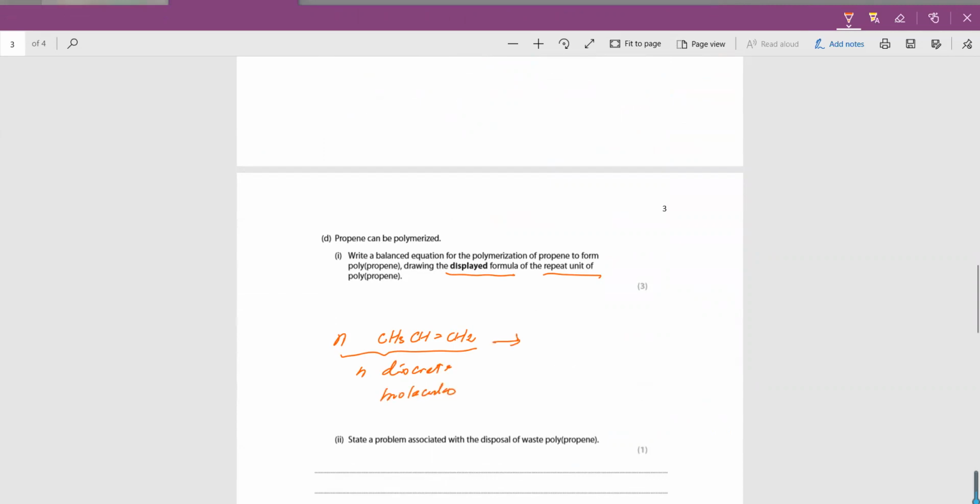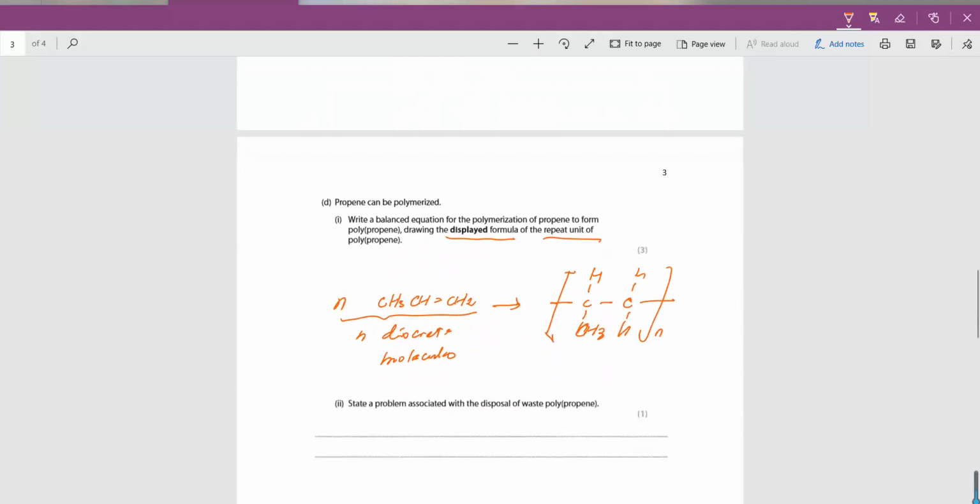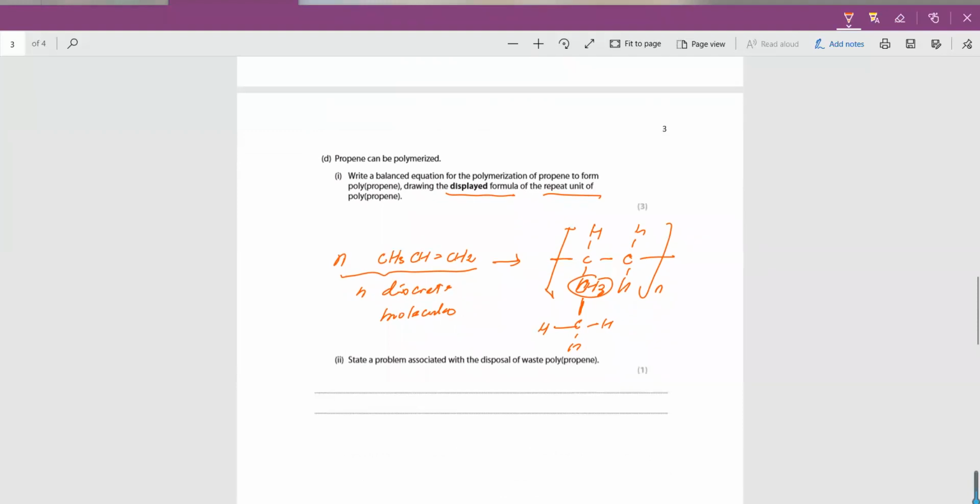After that, the double bond will open, and the n will be here. You have to show all the bonds for this one as well, because it's a displayed formula, so show all the hydrogen and carbon bonds. Understand? This is polypropene.